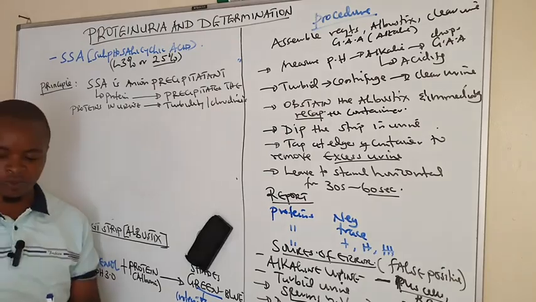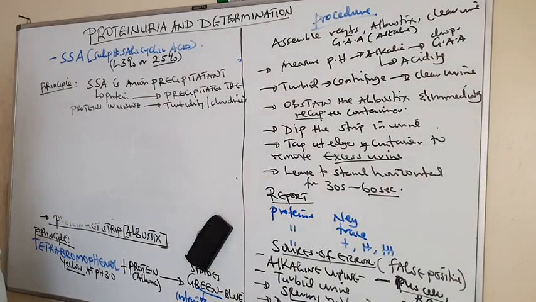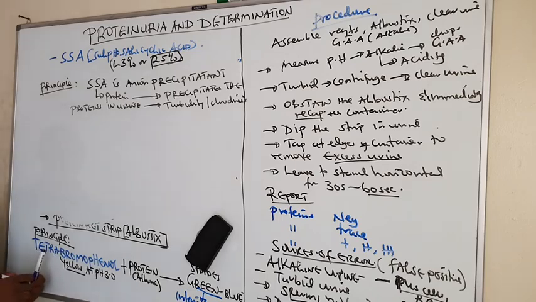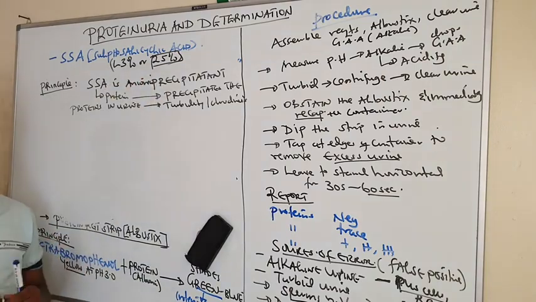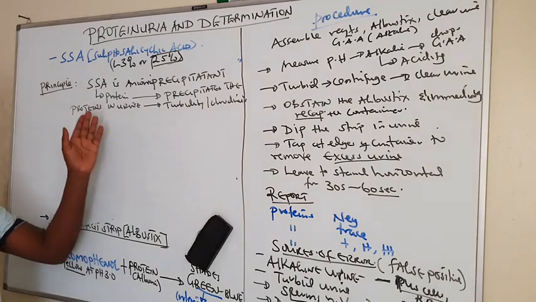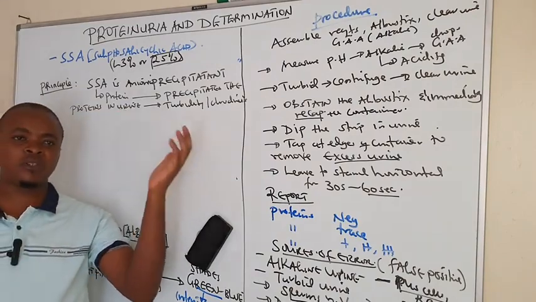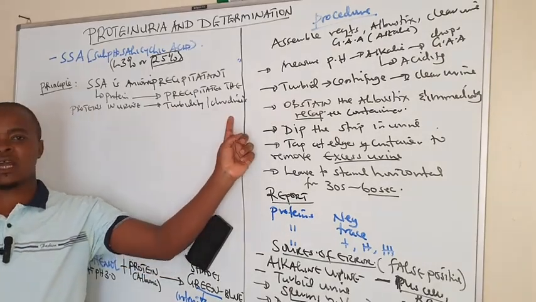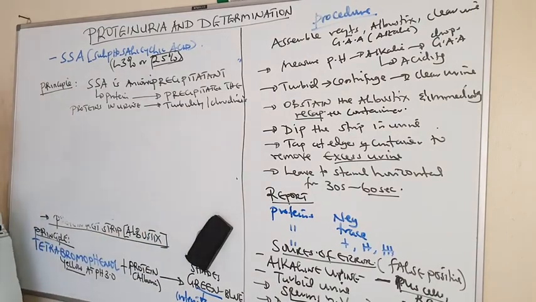So this is the principle behind sulfosalicylic acid, of which we are now majorly using 25%. This anionic precipitant has the ability to neutralize proteins in urine, leading to formation of turbidity or cloudiness. That is the principle behind SSA.